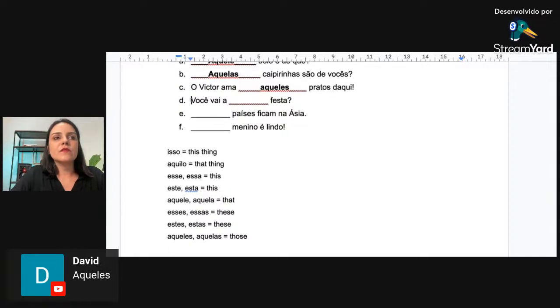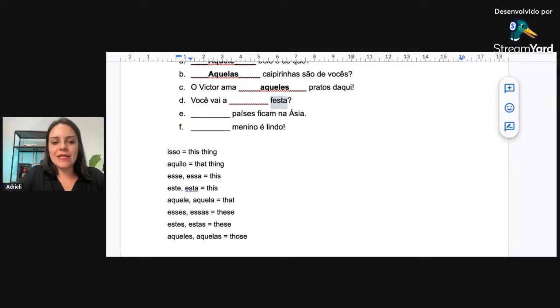Ok, vamos lá para o próximo. Você vai à festa. O que vai acontecer aqui? Something interesting is going to happen here. Because we have festa, which is a feminine noun, and we are using the pronoun aquele, aquela, etc. So the pronoun that we should put here is aquela, right? It's feminine and singular together with this noun.